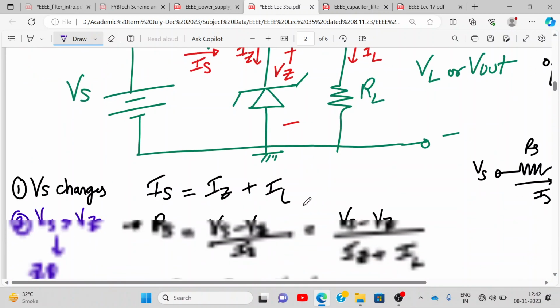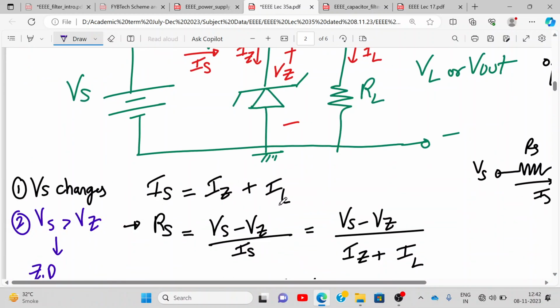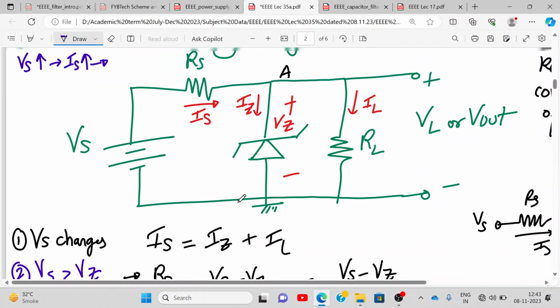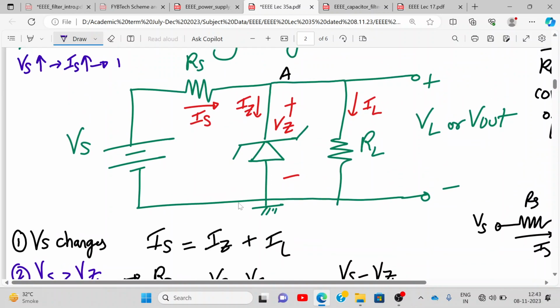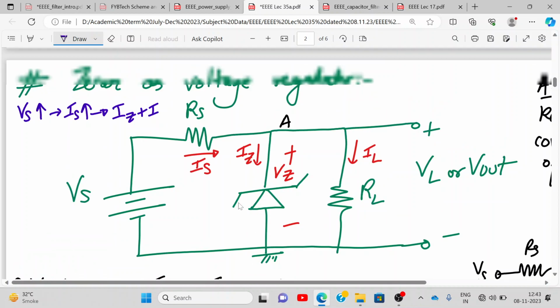What is source current given by? Iz plus IL. IL is constant. So what should happen to Iz? Iz plus IL, right? IL is constant, so what should increase? Iz increases. So if Iz varies, will my Vz remain constant?